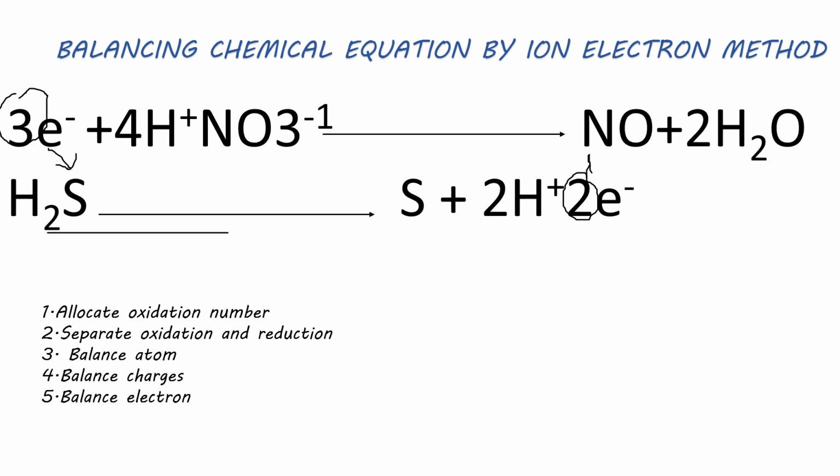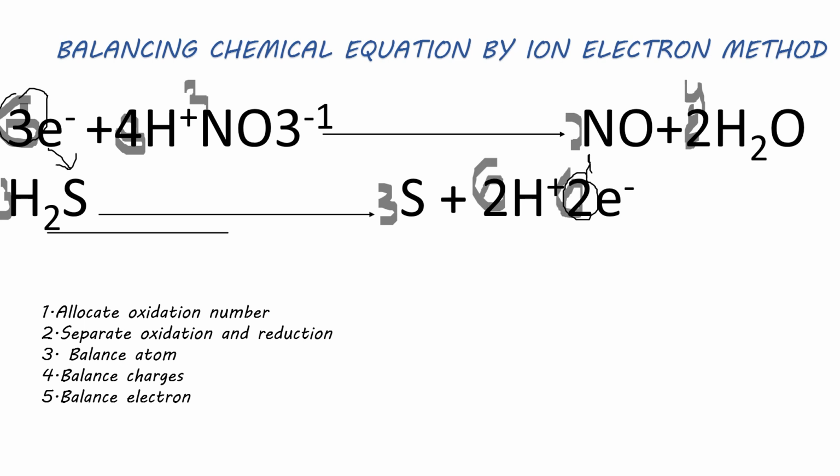So this will be something like 2 3s are 6, 2 4s are 8, and 2 1s are 2. After that, 2 1s are 2, 2 2s are 4, and let's move on to this one, and we have to multiply it by 3, so 3 2s are 6, and 3 2s are 6.